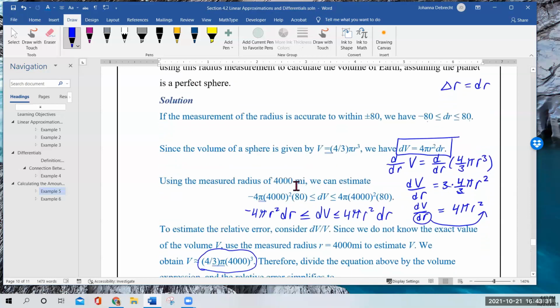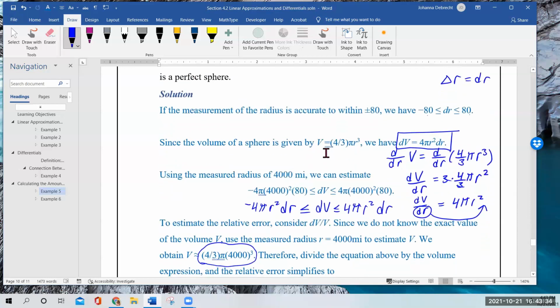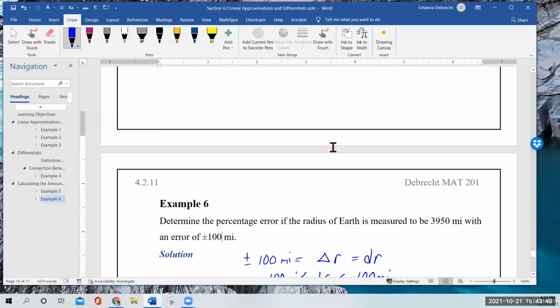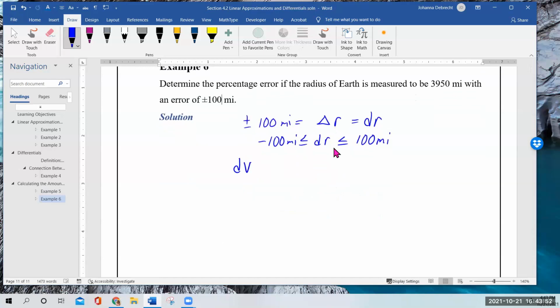Scrolling up, the next thing that we did was we took the volume of the sphere, 4/3 pi r cubed, and we did implicit differentiation on both sides to come up with the formula that dV is equal to 4 pi r squared dr. Now that we have dV, we know that we can place dV between these two expressions here with 4 pi r squared.